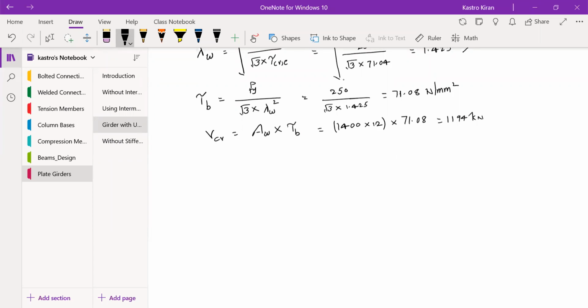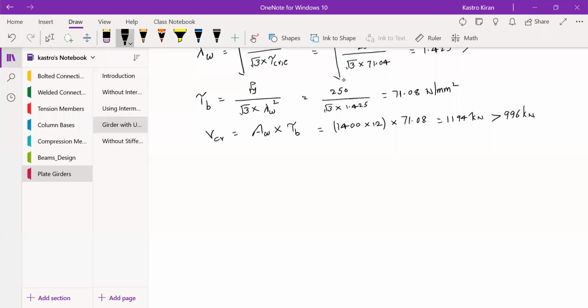And remember, this value must be greater than the value of the shear force, that is 996 kilonewtons. So if you check down the first step, that is the design force step, you must know the maximum shear force value. The maximum shear force is obtained as 996 kilonewtons. So that's how this 996 kilonewtons has come from. So this 996 is the maximum shear force.